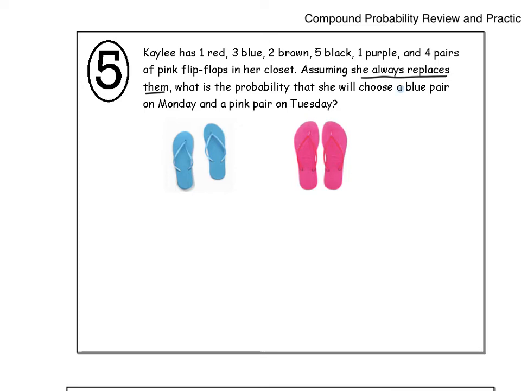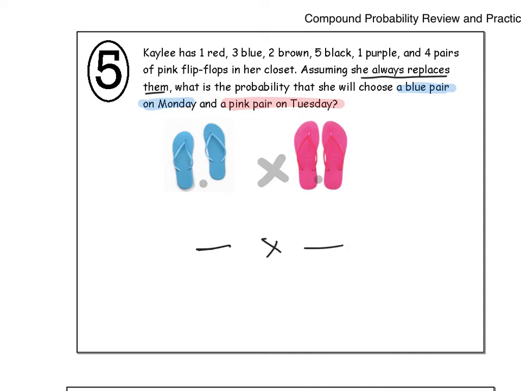So those are our two events, blue and pink. We're going to multiply the probability of pulling a blue pair times the probability of pulling a pink pair.